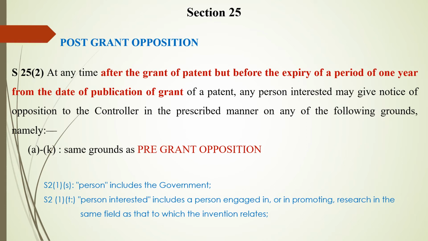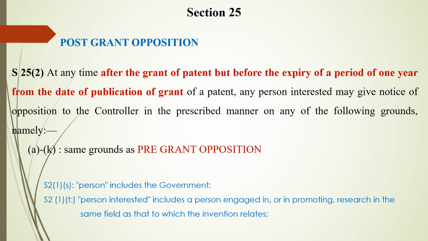Now let's discuss post-grant opposition. It comes under section 25 subsection 2. At any time after the grant of the patent, but before expiry of a period of 1 year from the date of publication of grant of patent, any person interested may give notice of opposition to the controller in the prescribed manner on particular grounds.